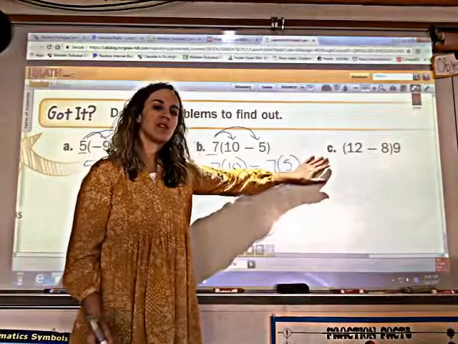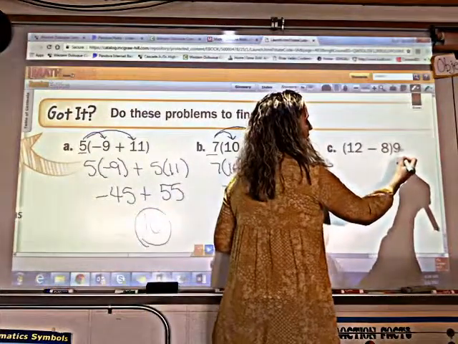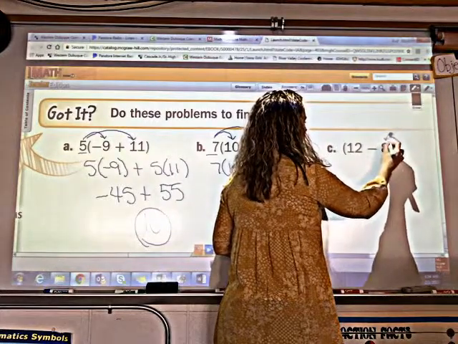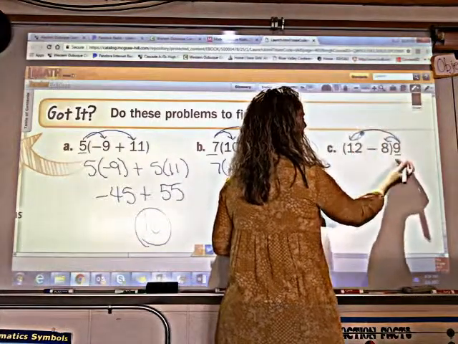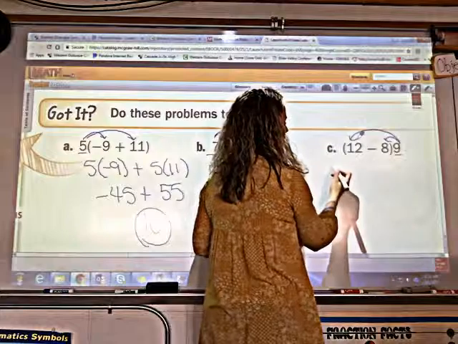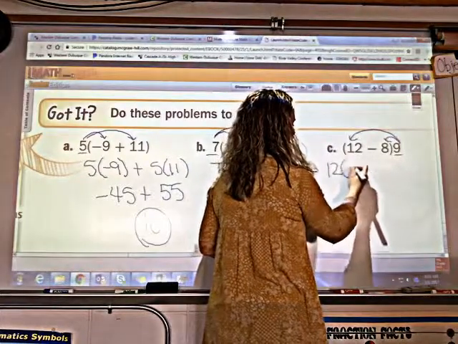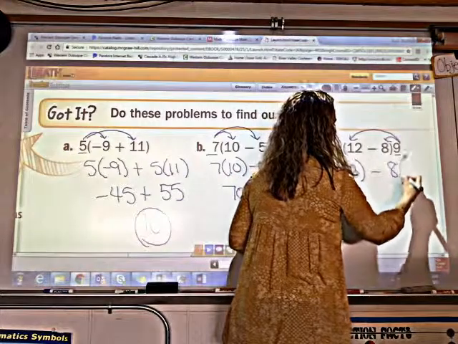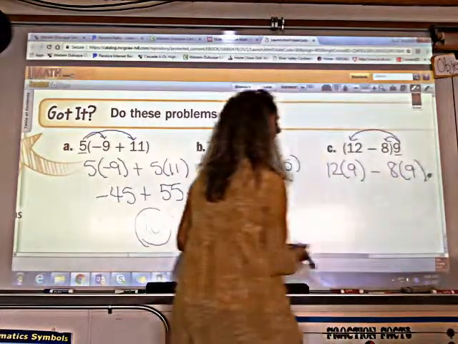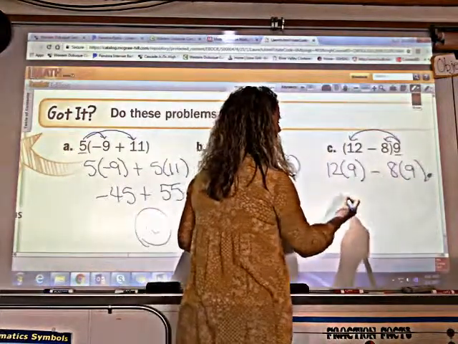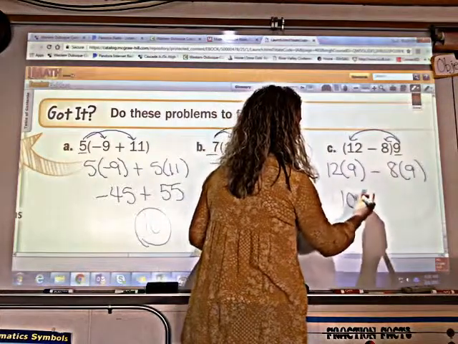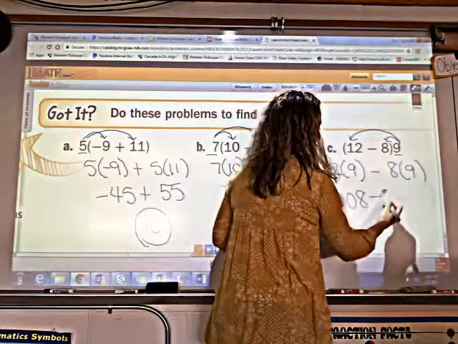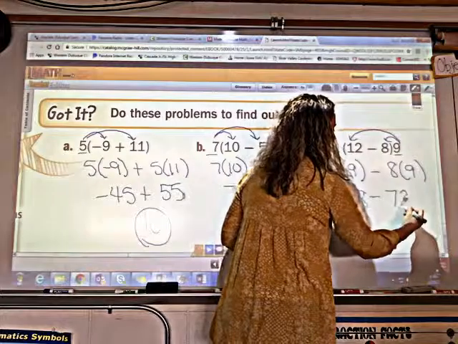Looking at letter C, this one's a little bit different because they have our term back here, which is fine, not a problem. Technically, what I'm thinking is I'm going to multiply 12 times 9 minus 8 times 9. 12 times 9 is 108, minus 8 times 9, 72.